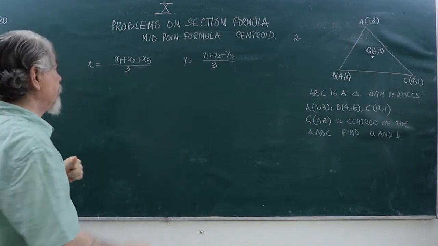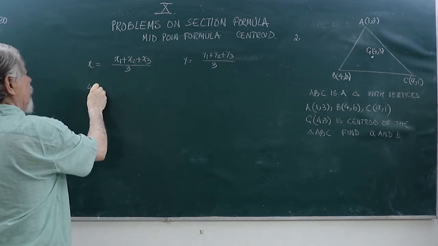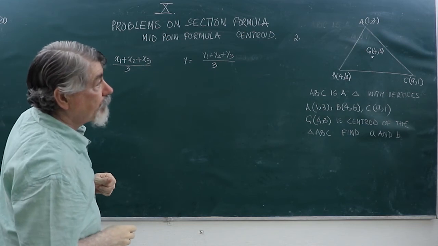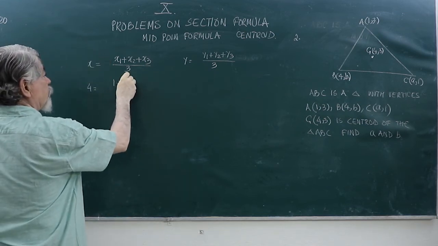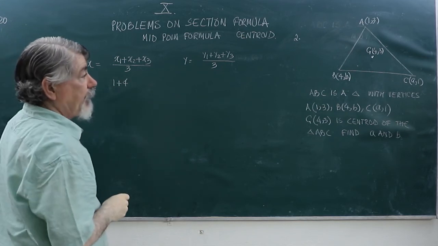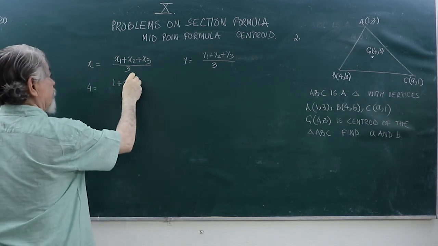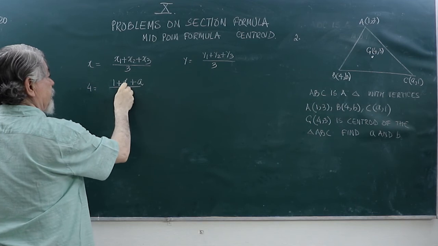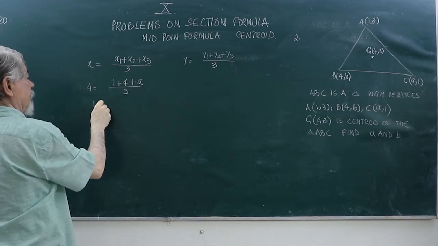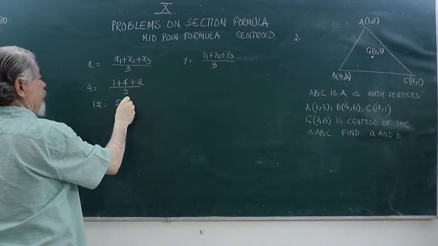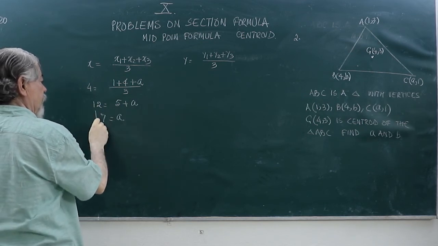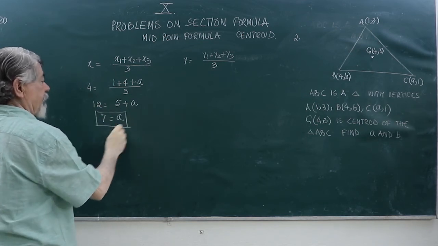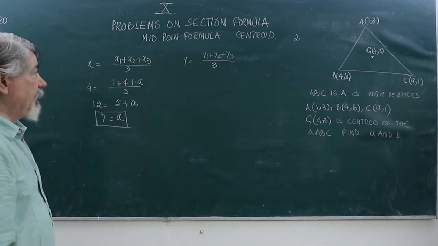Here the x coordinate of the centroid is 4, x1 is 1, x2 is 4, and x3 is a, upon 3. So 12 is equal to 5 plus a, or 7 will be equal to a. 12 minus 5 is 7. We got the value of a.